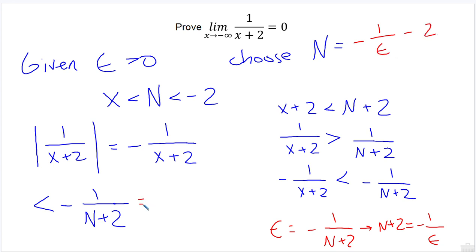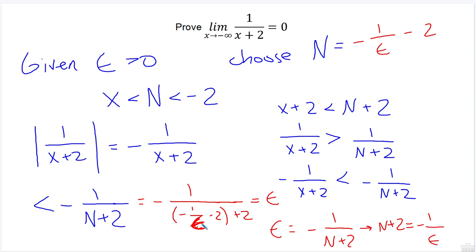And so we'll just say this is equal to negative 1 over epsilon minus 2, plus 2, which is, if I do negative 2 plus 2, that's 0, and the negative negative cancels out, and 1 over epsilon is just epsilon.